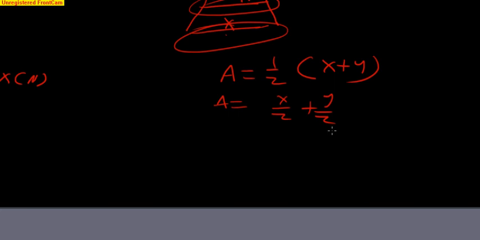Even better, let's do this. If we subtract the x over 2 from each side, the whole thing, we're going to come out with A minus x over 2 is equal to y over 2, right? Now, we're going to have A and x, but we're not going to have y, and that's my whole point.